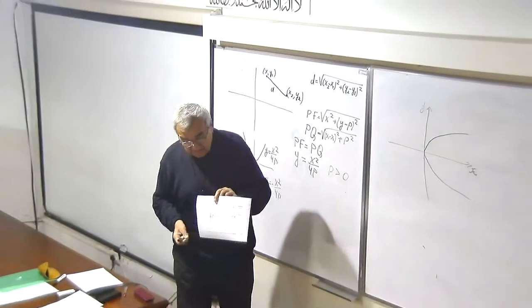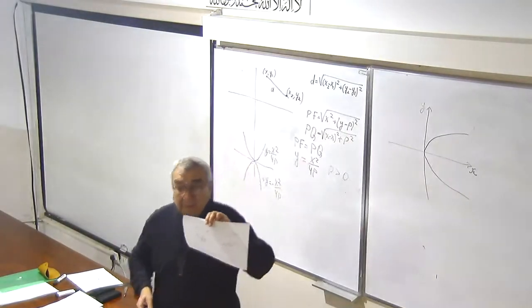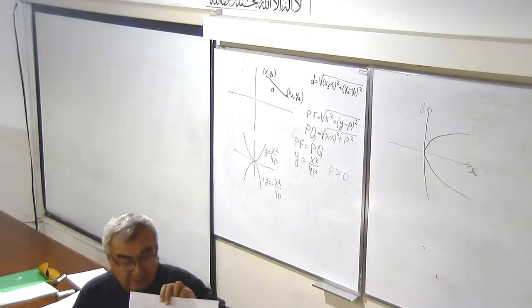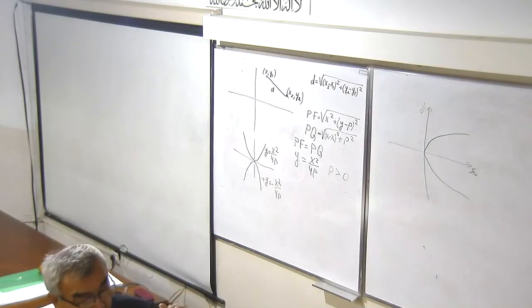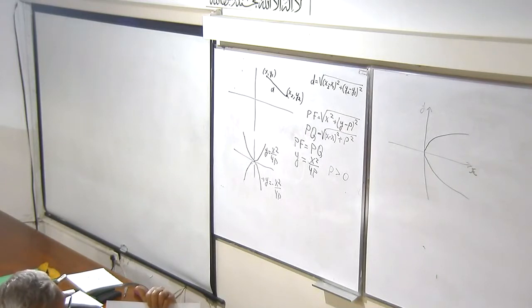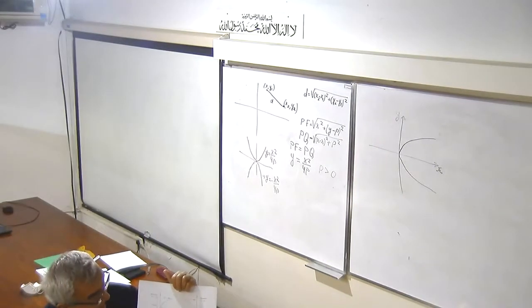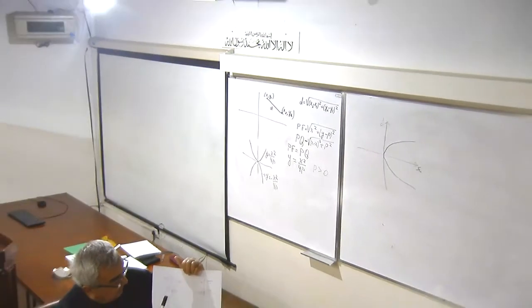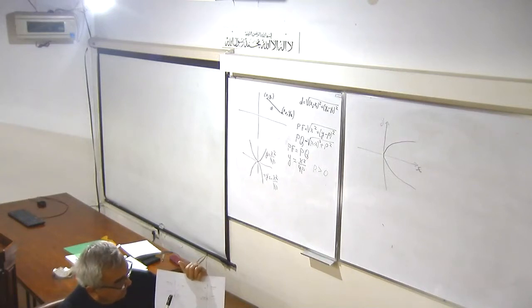That means again you see this picture. Here they show the focus now placed on the x-axis, with the directrix parallel to the y-axis. That means this distance equals p, and this distance also equals p.